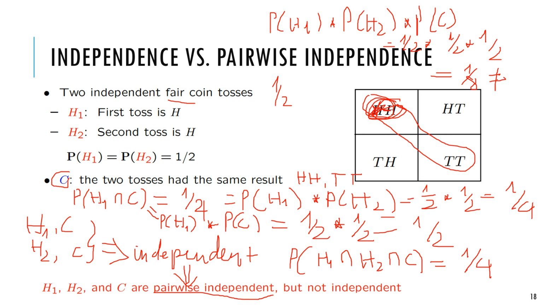It's totally different from this 1/4. Therefore, H1, H2, and C are not independent. So independence does not follow from pairwise independence.